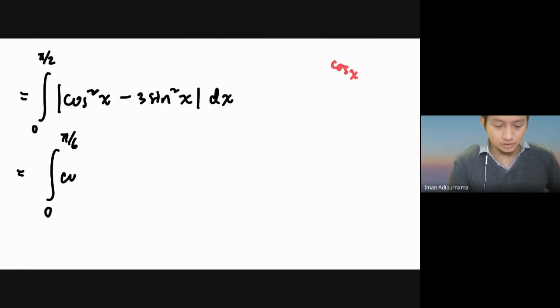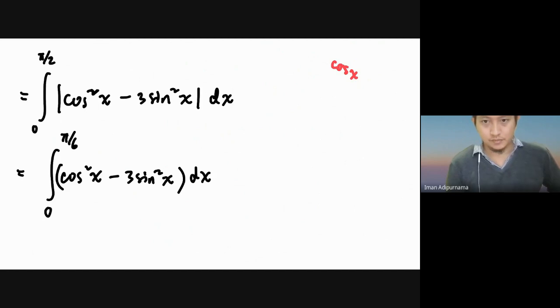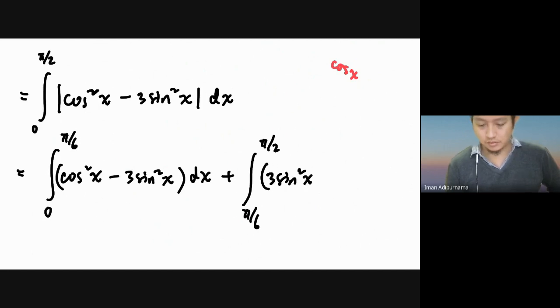So cos squared x minus 3 sine squared x, okay? And then dx. And then plus from pi over 6 to pi over 2, 3 sine squared x minus cos squared x dx.